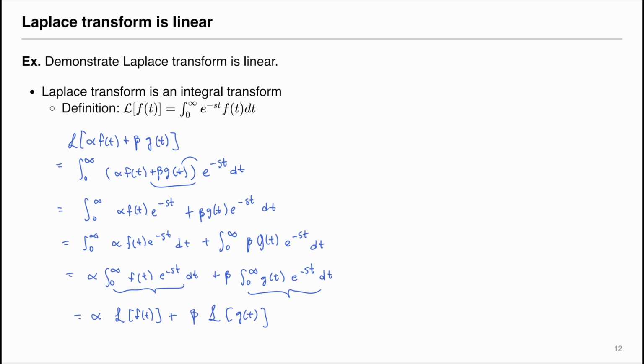And the linearity condition is satisfied. And this is very important when we're evaluating more complex Laplace transforms. So alpha times the Laplace transform of f of t plus beta times the Laplace transform of g of t.